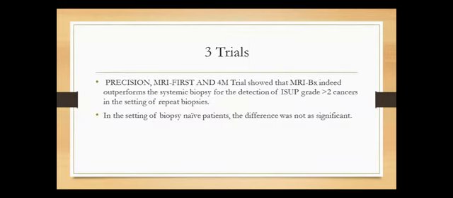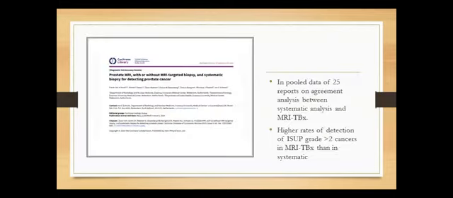So all in all, these three trials, the PRECISION trial, MRI-FIRST trial, and 4M trial, showed that MRI biopsy is somewhat superior to the systemic biopsy in detection of ISUP grade 2 lesions. But in the setting of biopsy naive patients, the difference was not as significant.